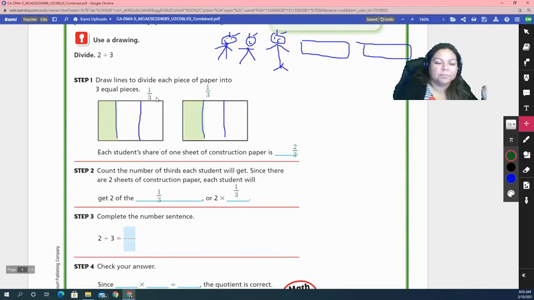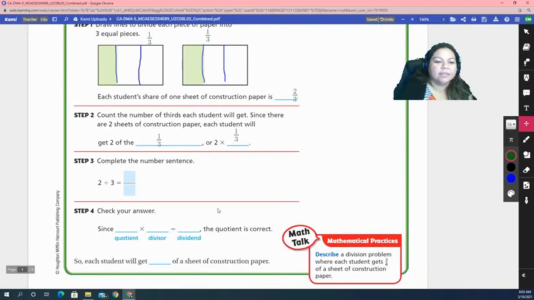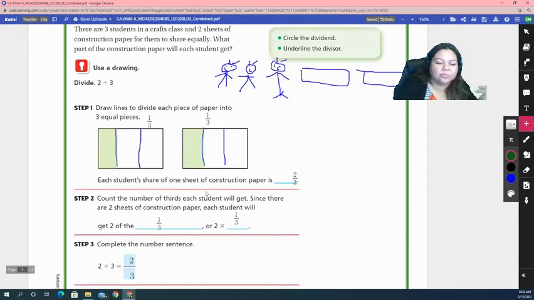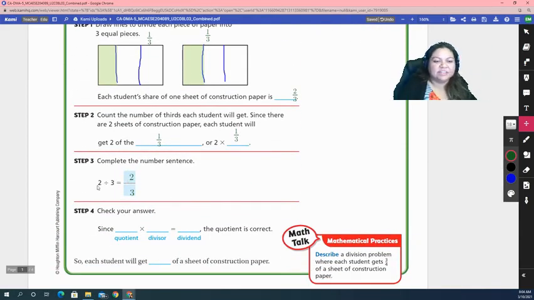If I added 1/3 plus 1/3, it's the same thing as saying 2 times 1/3. And then we can complete the number sentence. So 2 divided by 3 is the same as 2 over 3. This shows how we can write a division as a fraction.